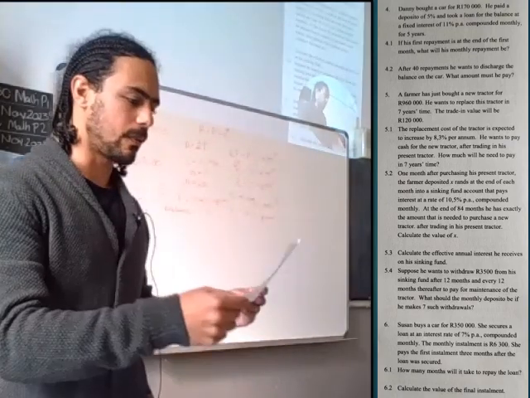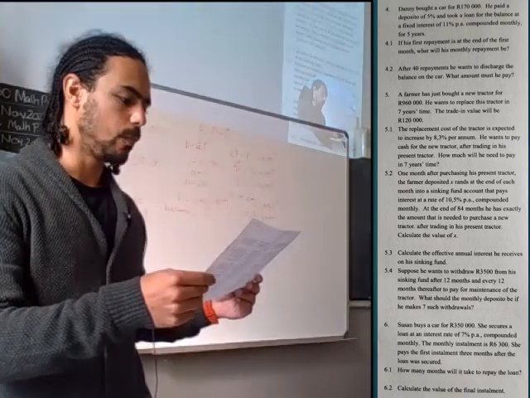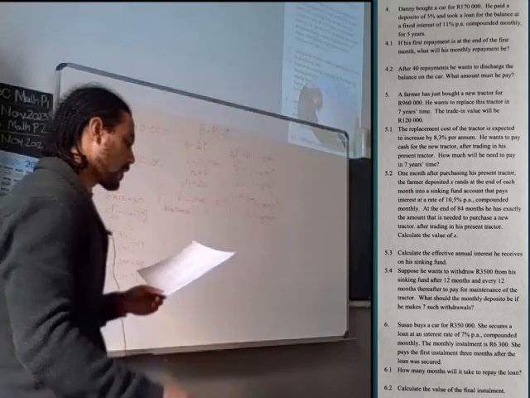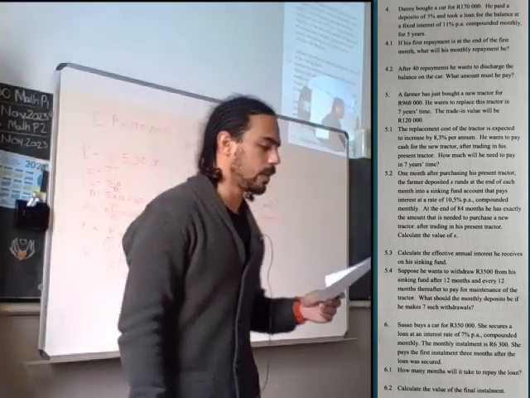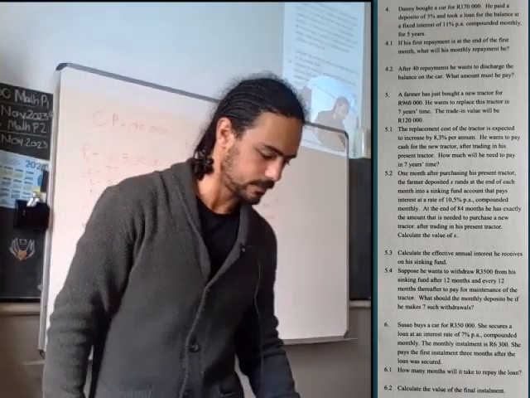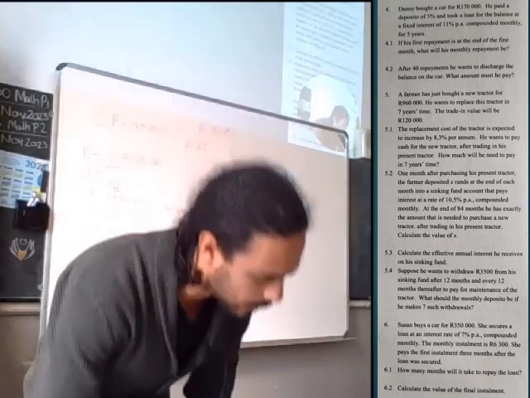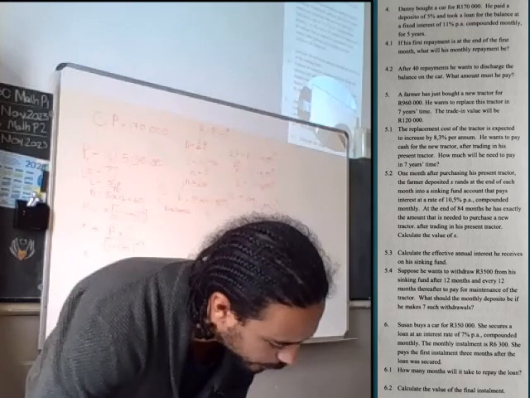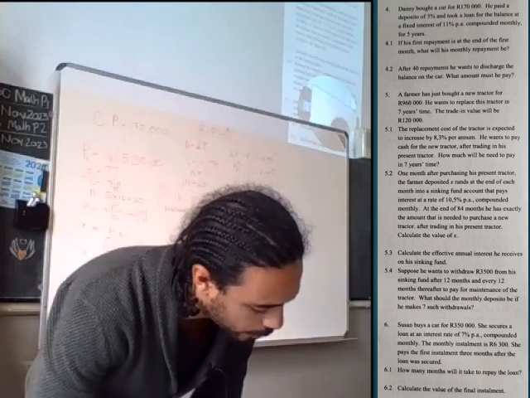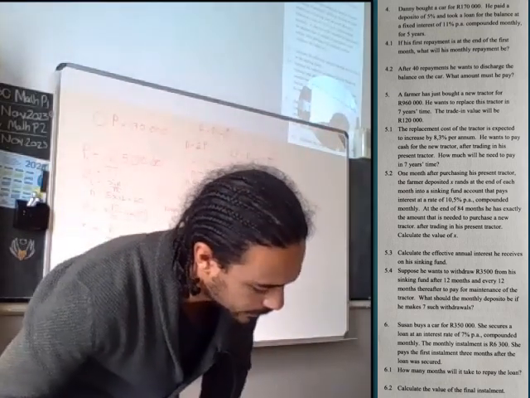Let's go on to question number 5. A farmer buys a new tractor for R960,000. All right, the farmer has just bought a new tractor for 960,000.